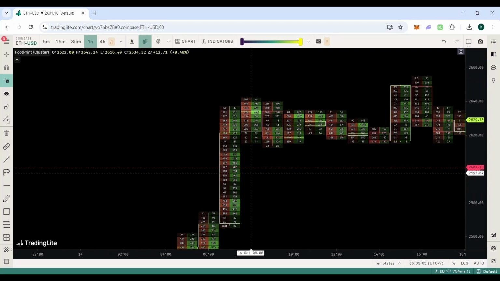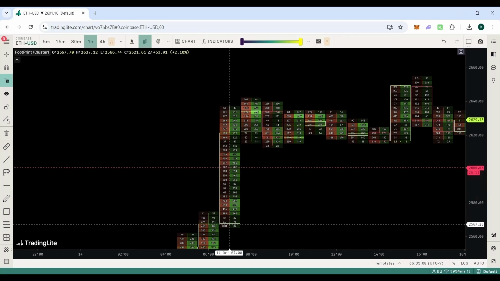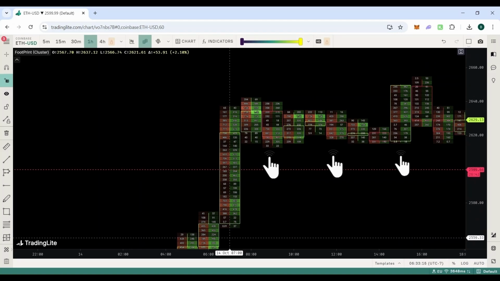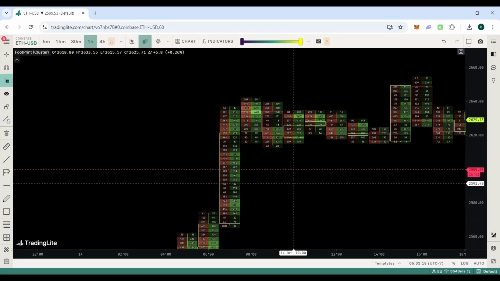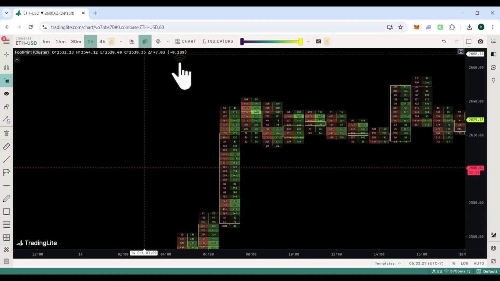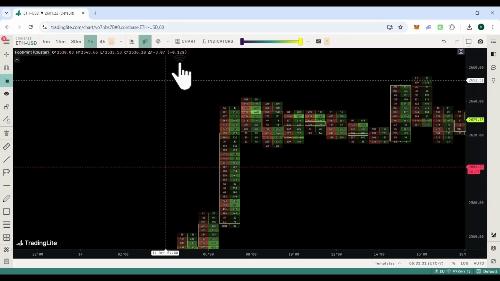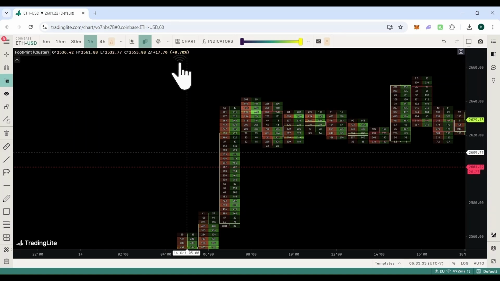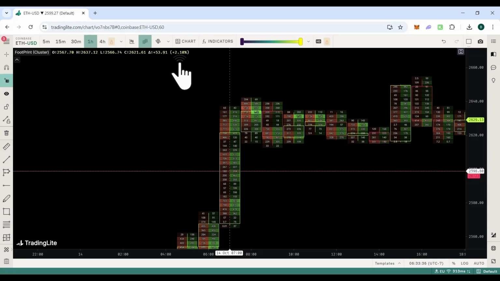Now at the bottom of each footprint chart is supposed to be something called delta. Yeah, right here. There's supposed to be something called delta. Well, I don't know why it is not positioned at the bottom here. It is actually placed up here. I'm using Trading Light, like I said, for this video, but for some reason I've tried the settings to place it under the chart.